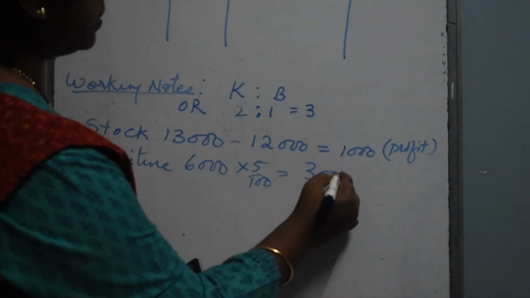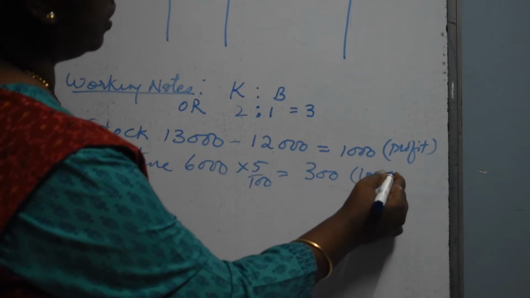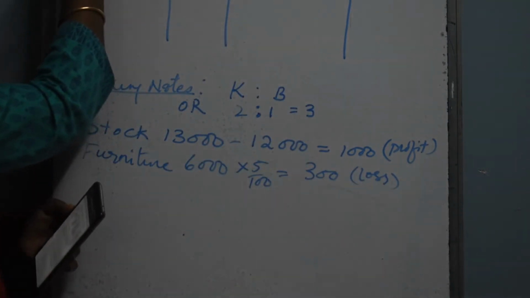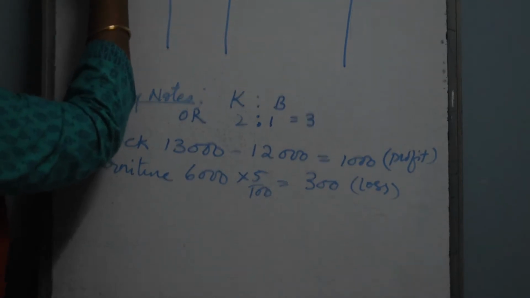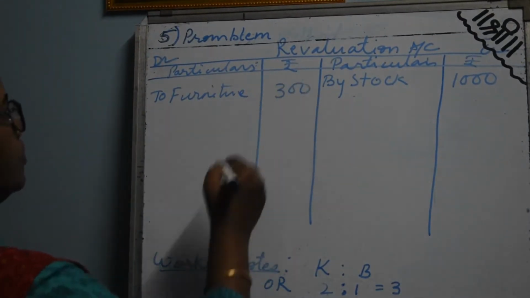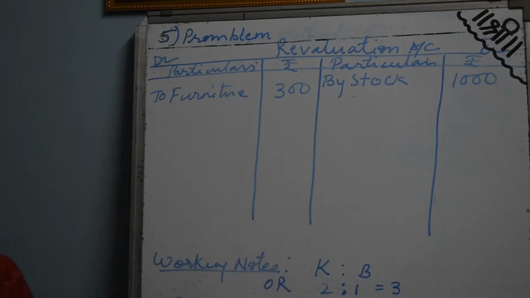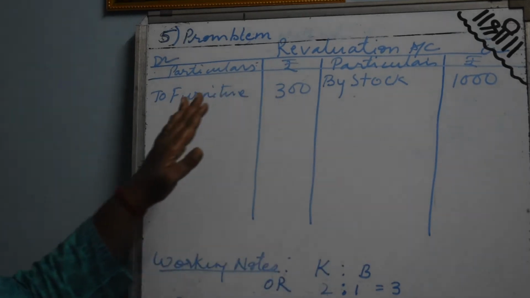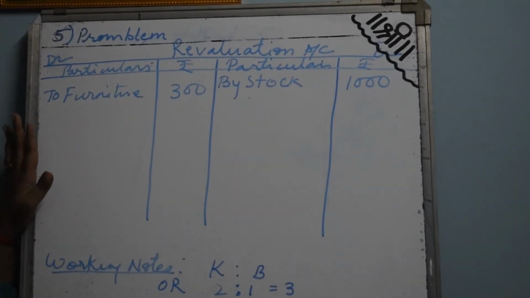Whenever there is depreciation, there is loss, and when there is loss, you write on the debit side. To furniture 300. Remember, on an asset, whenever there is profit, you write on the credit side; whenever there is loss, you write on the debit side. Same rule you have to apply: debit all losses and expenses, credit all incomes and gains. This is the rule which you studied last year.